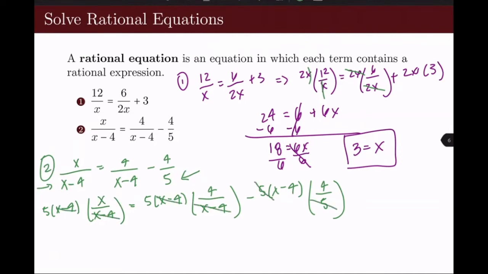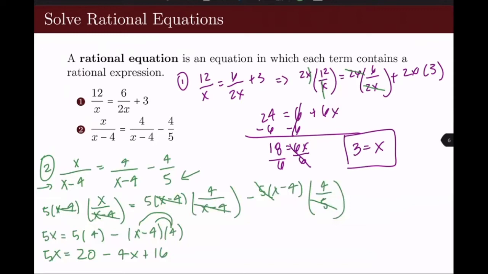So left over, I'll have 5x equals 5 times 4 minus x minus 4 times 4. So distributing, multiplying, all that stuff, you get 20 minus, and then you need to distribute the 4. So that's 4x plus 16. And I kind of skipped a step there.